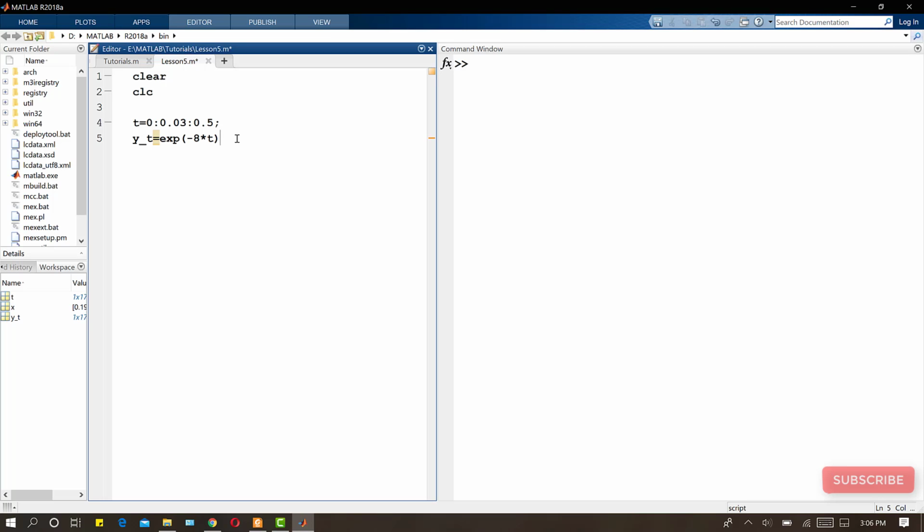But what we learned in the previous lesson is that exp of minus 8 t will generate a vector.